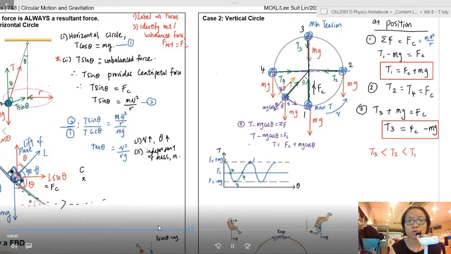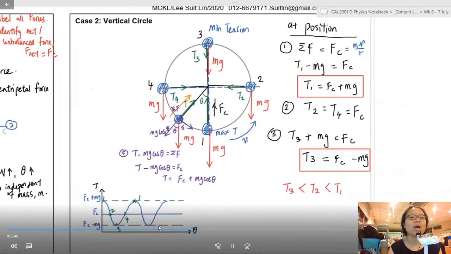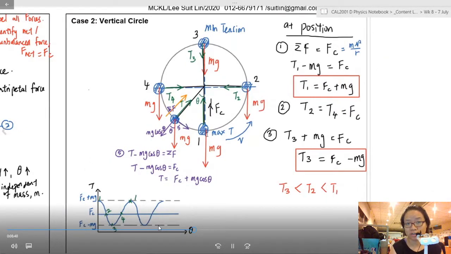So if they ask you where the string will break: position 1. Where will the string have minimum tension? Position 3. So if you want minimum speed, you equate the tension to 0, because that means that any slower, the yo-yo cannot go up already.